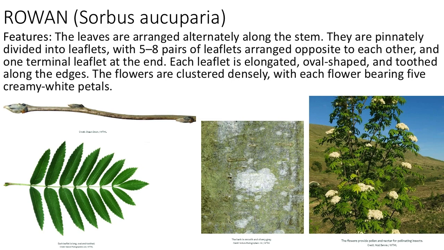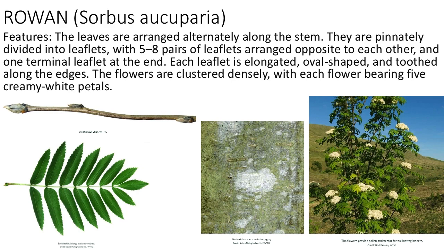So if we imagine this bottom left picture is one leaf, the leaflets are arranged opposite, but the leaves are arranged alternately up the stem. So there wouldn't be the equivalent of this leaf as a mirror on the stem. It would be, up. There would be one slightly up and slightly down from there on the left-hand side, if you see what I mean.